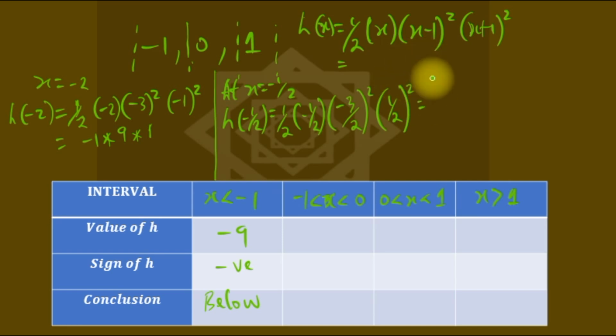So what do you get? This is minus 1/4 times 9/4 times 1/4.